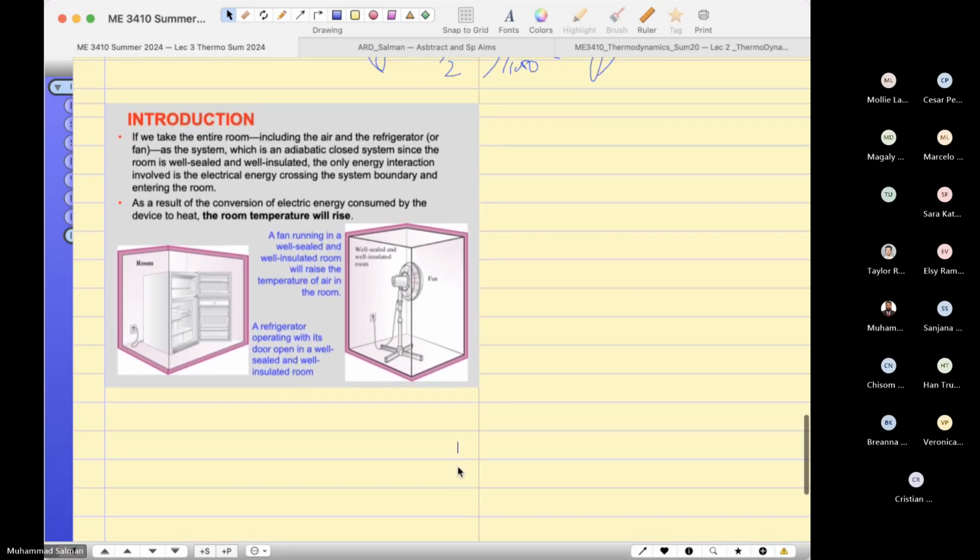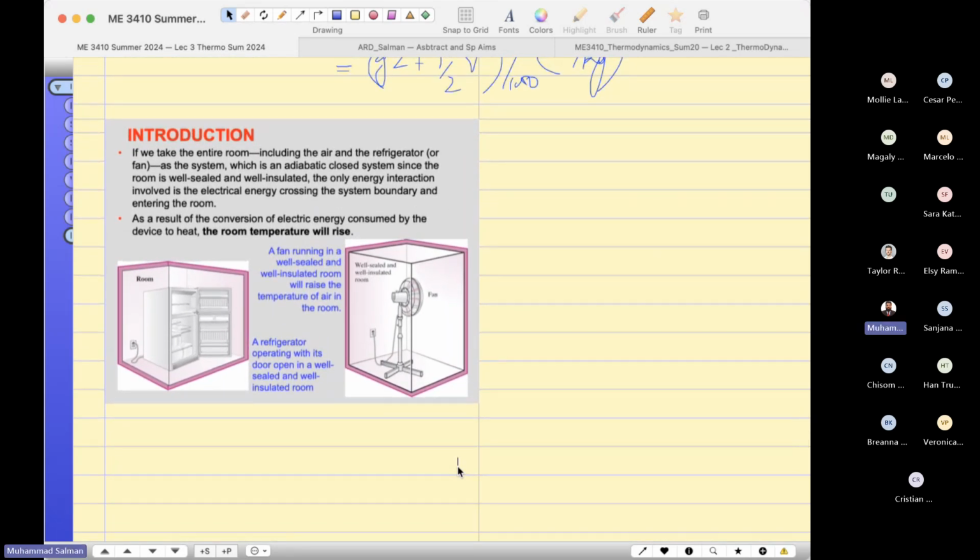So it is explaining that a fan running in a well-sealed and well-insulated room will raise the temperature of air in the room. Why? Because the energy is being transferred from electrical to mechanical, and that is causing heat generation.